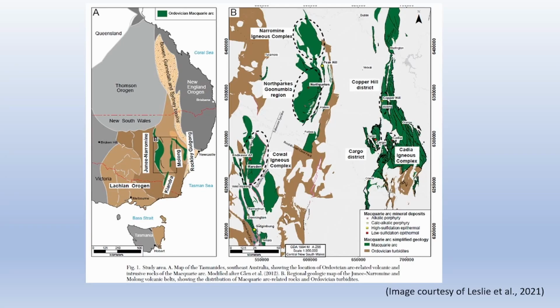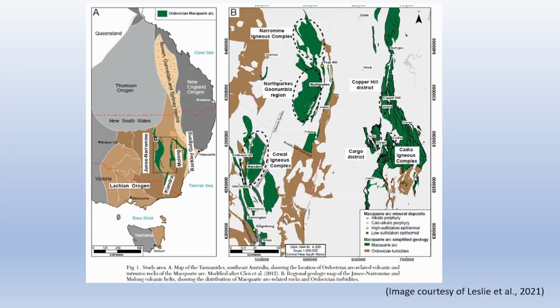What makes the Macquarie Arc special is not just its deposits, it's the complexity of its magmatic and tectonic history. Here, oceanic crust meets continental margin and created oxidized, hydrous, and fertile magmas.